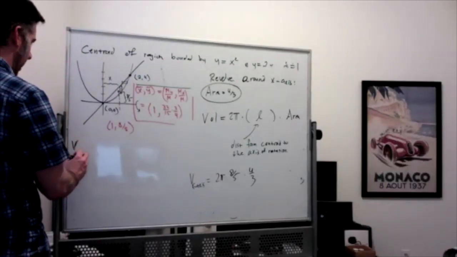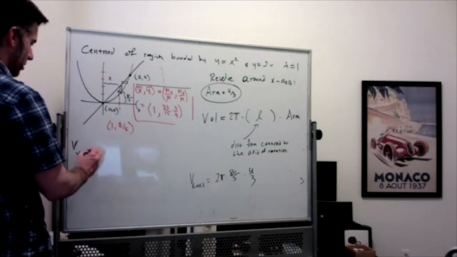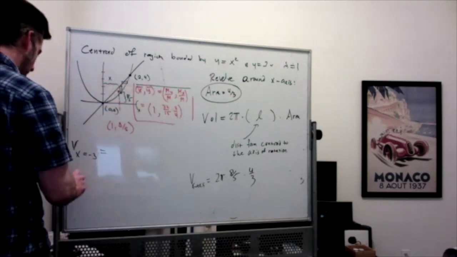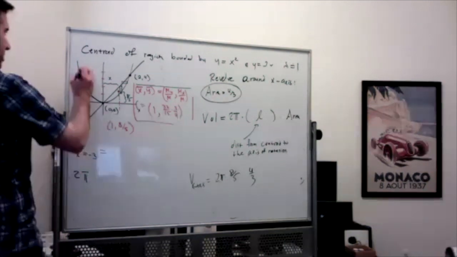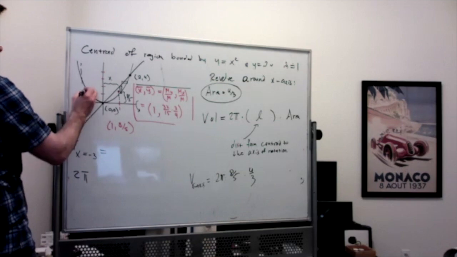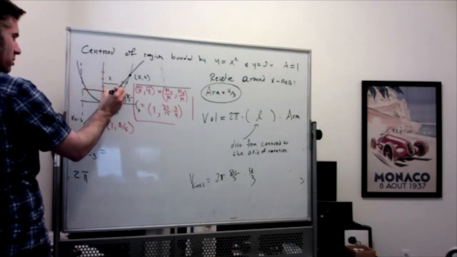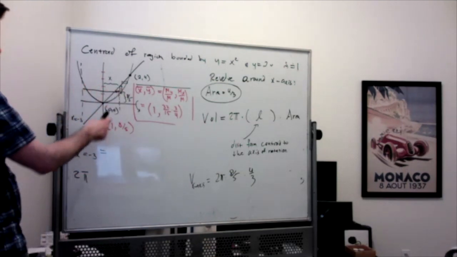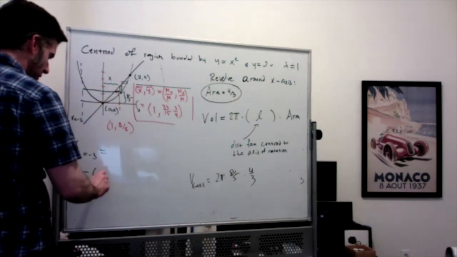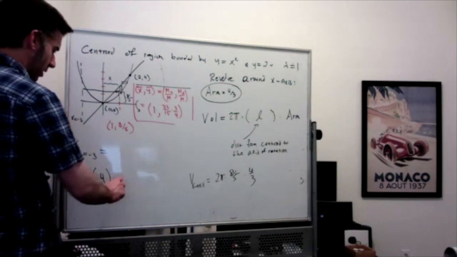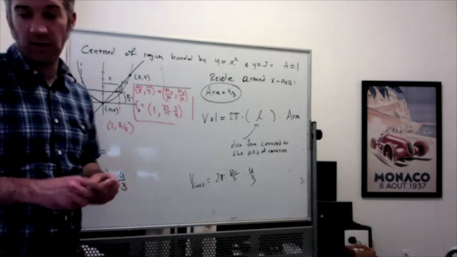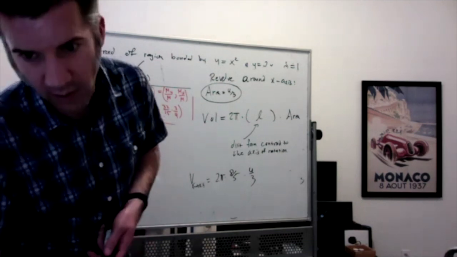Around the line, say x equal to -3, it would just be, again, the same formula. 2 pi times the distance from x equals -3 to the centroid. Well, the x coordinate of the centroid is 1. The difference between 1 and -3 is 4, times the area. That's it. That's Pappus's theorem in a nutshell. Actually, there's a little bit more to say about Pappus's theorem, which I'll say in a moment.